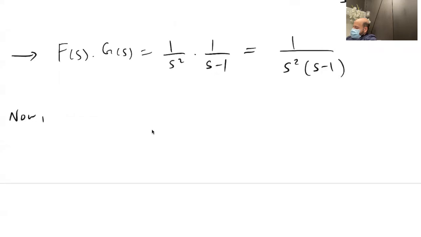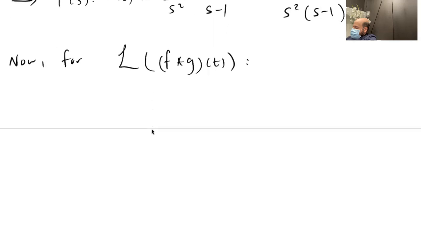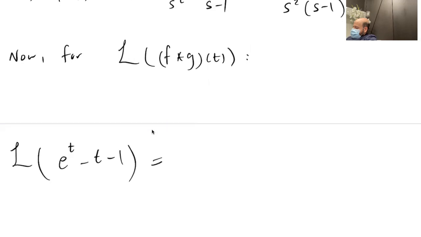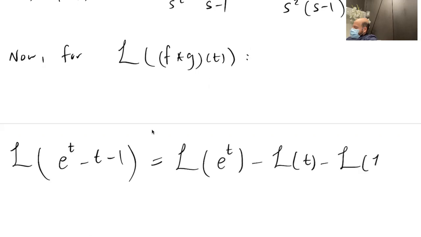Now for Laplace transform f star g of t, we have Laplace transform e to power t minus 1, which can be written as Laplace transform e to power t minus Laplace transform t minus Laplace transform 1.